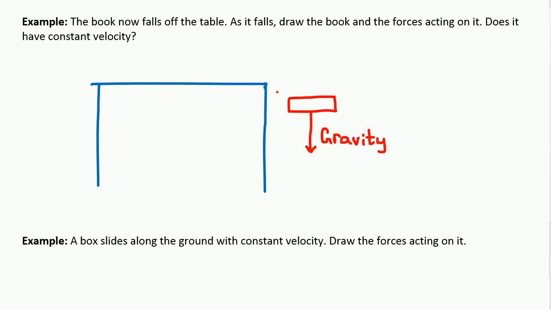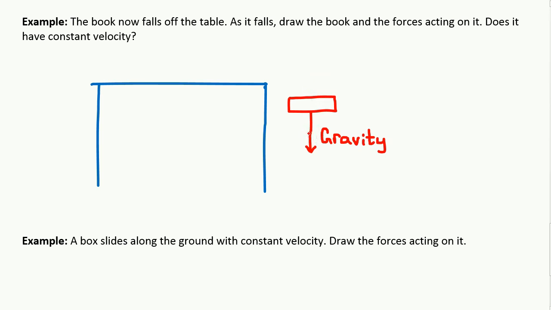But now there's no table underneath the book to support it. So there's no table force going up, and the book just has this one force. So now I would say this force does not have something over here balancing it out. So this force is unbalanced, and we would say this book experiences an unbalanced force.